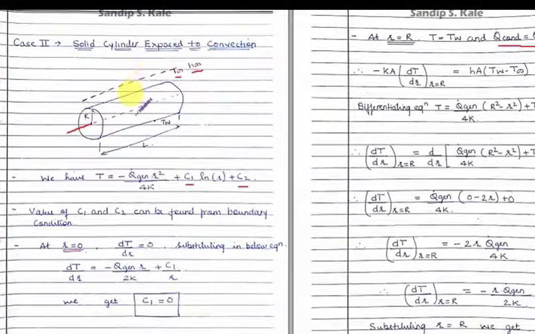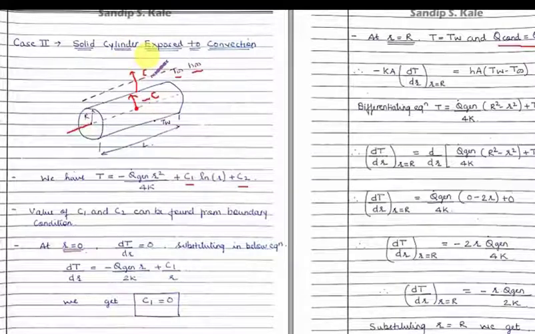Just focus here. Whatever heat is generated in the medium will travel through the medium from this center line to this surface. So the heat from here to the surface will travel by conduction, and later from the surface into the atmosphere, it will travel with the help of convection.